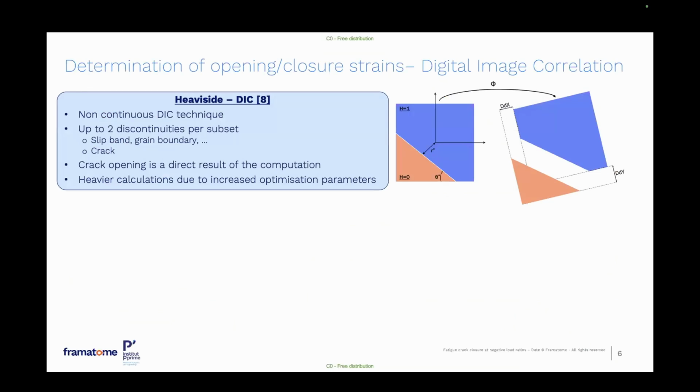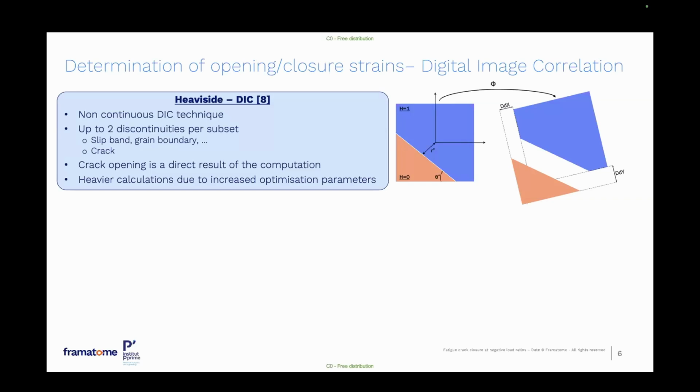So as regards the determination of the opening or closure strains, we used, as I said, digital image correlation analysis. But the main point here is that we used a method that has been developed in our institute by Valéry Valle, which is called the Heaviside DIC technique, which is a non-continuous DIC technique.